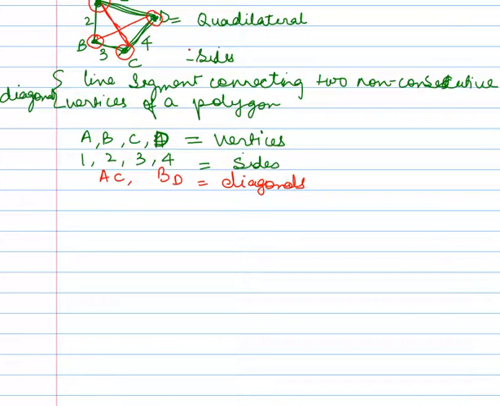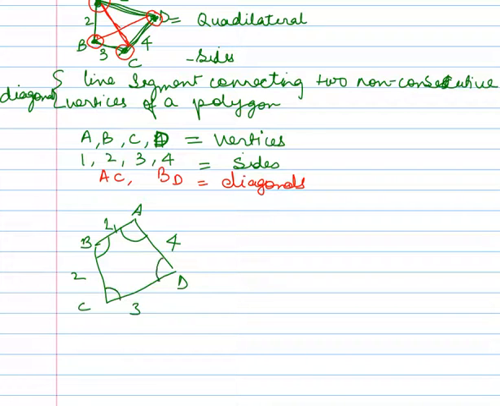Also, let us redraw this figure once again, redraw the quadrilateral. So over here A, B, C, D are the vertices. 1, 2, 3, 4 are the sides of the quadrilateral. We also have 4 angles inside the quadrilateral.